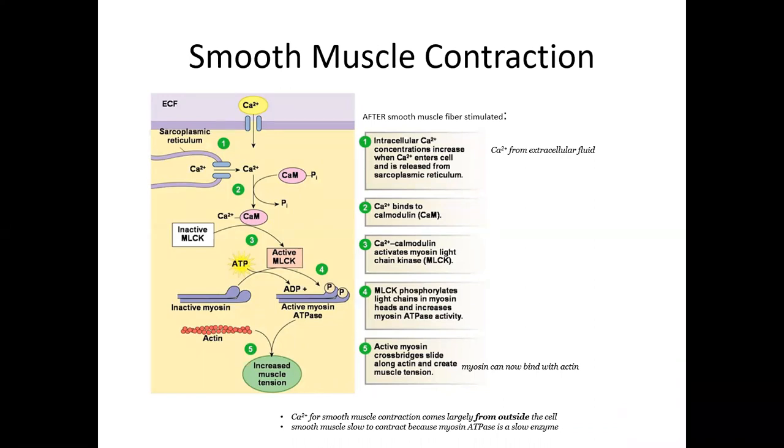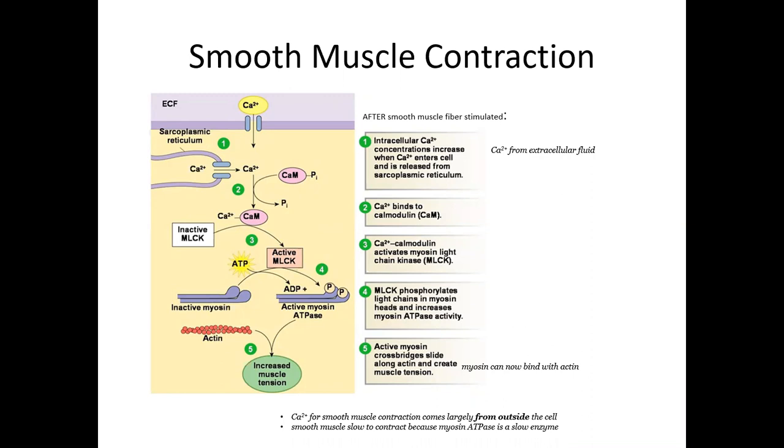So the first thing you have to realize at the top, that the calcium for the smooth muscle contraction is coming from outside the cell, from extracellular fluid. Okay, so when it enters, then the cytosolic calcium levels are going to go up. The increase in cytosolic calcium is going to cause a release of calcium that was stored in the sarcoplasmic reticulum.